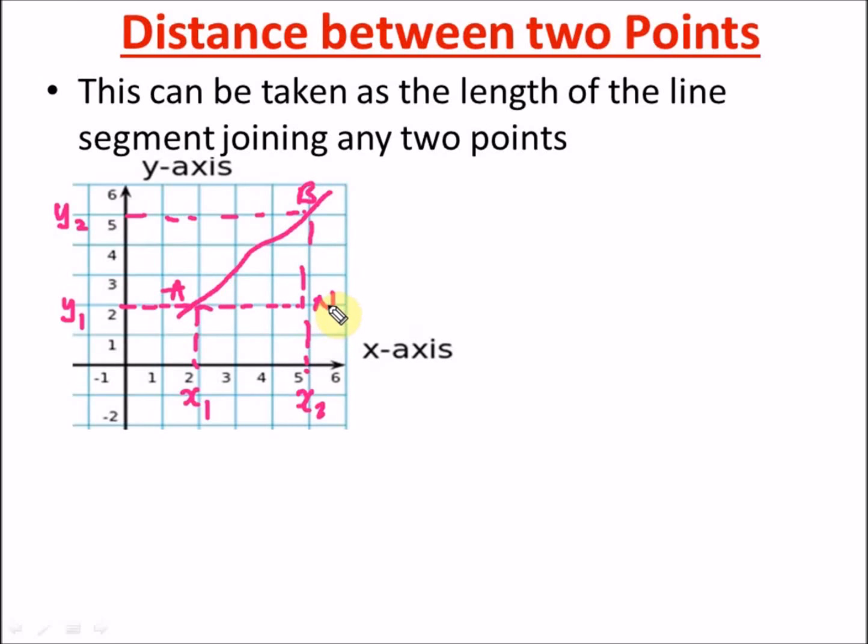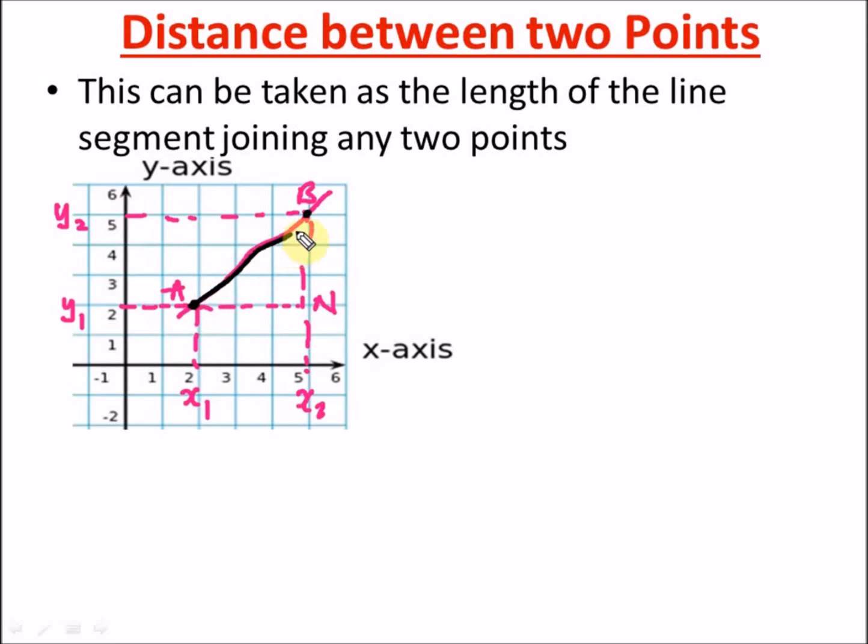So from here, to get the distance between two points, that's this point and this point, how do we get the distance? Remember, this is a right angle triangle.